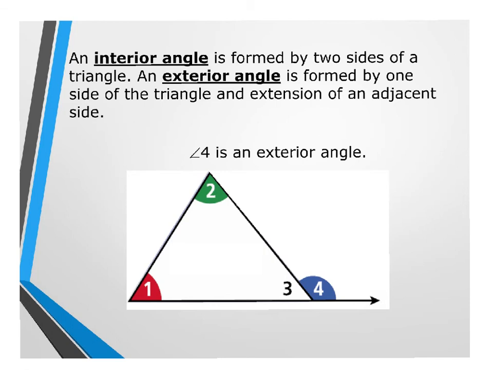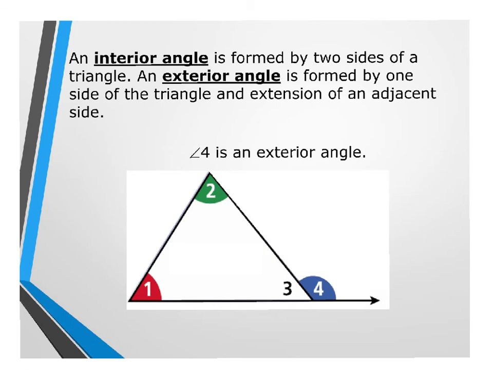Here are the definitions that you need to know for interior angles and exterior angles. Remember that an interior angle is formed by 2 sides of a triangle. The angle that's on the inside, that is the interior angle. Makes sense, right?